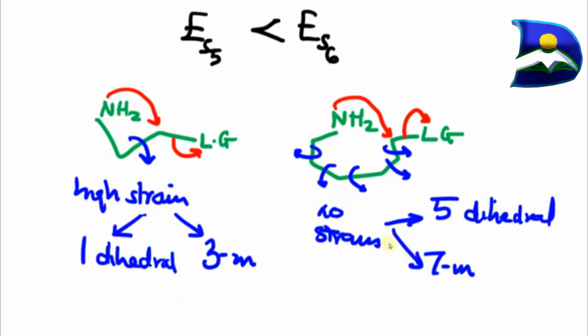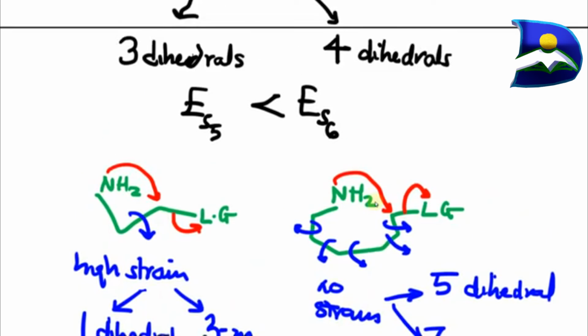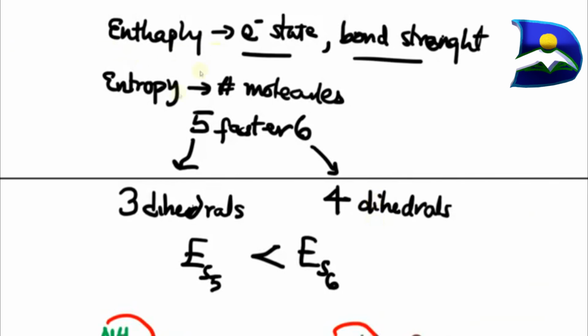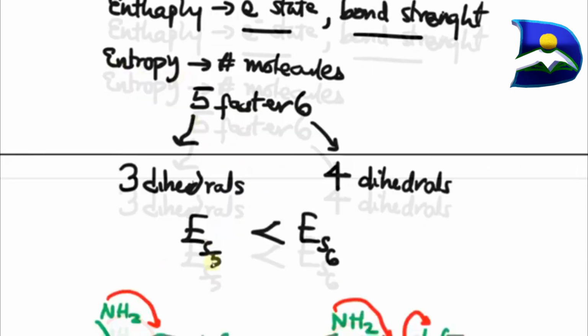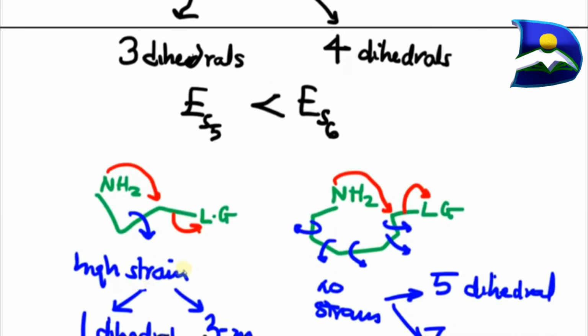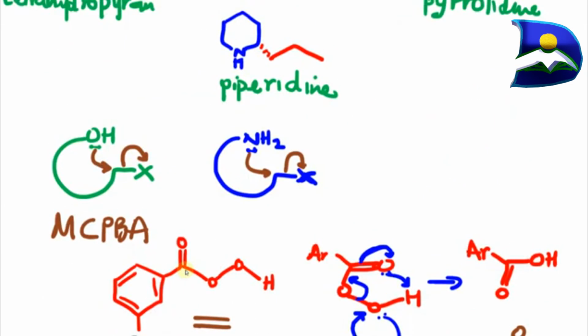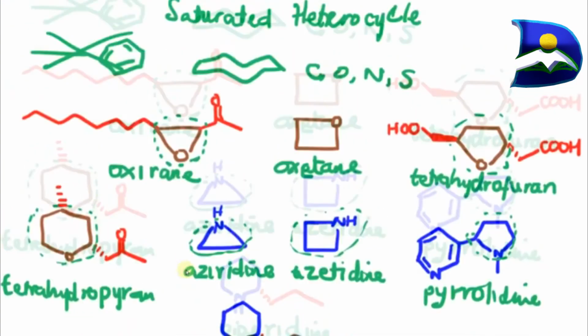I hope you found this really interesting in terms of how the stereochemistry of bond formation is facilitated, based on considering both the enthalpy and mainly the entropy energy, where you look at the dihedral bonds that are rotated to form rings from a chain containing a specific heteroatom present around that region.